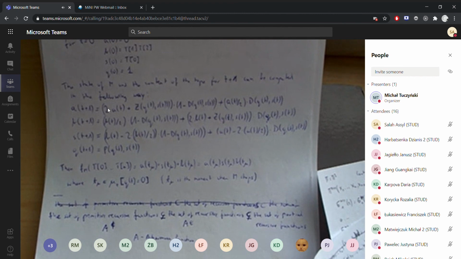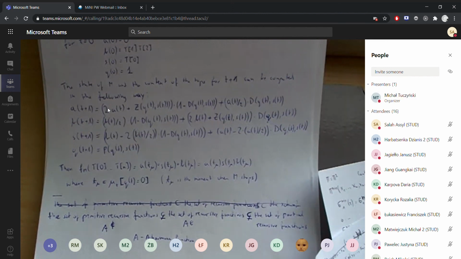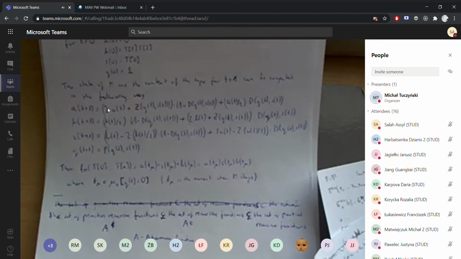Maybe I will write for the next one also. Number of divisors, for y greater than 0. This is ND.